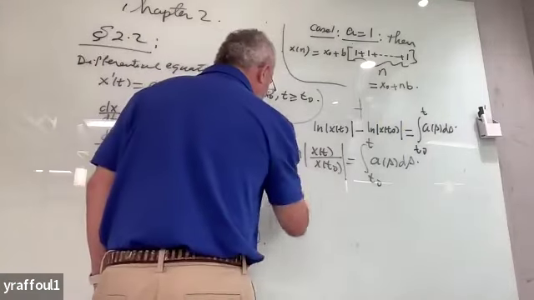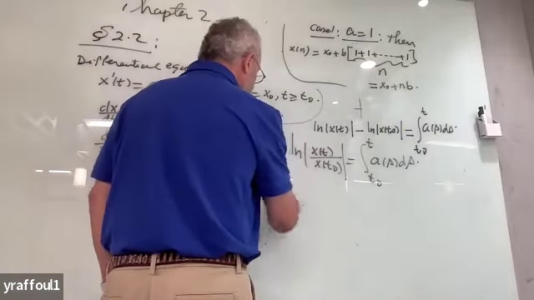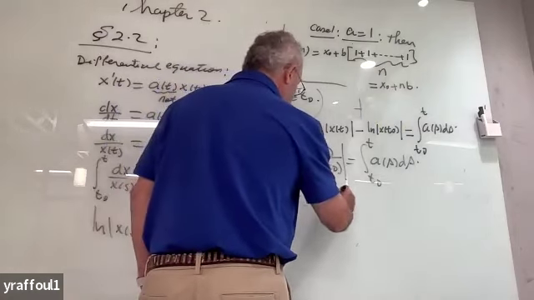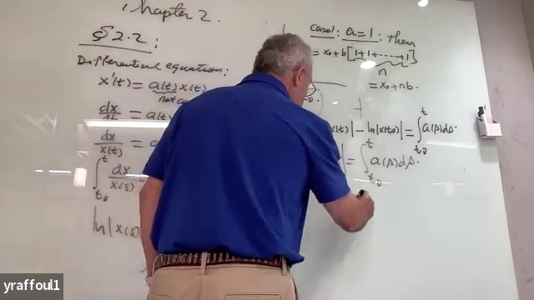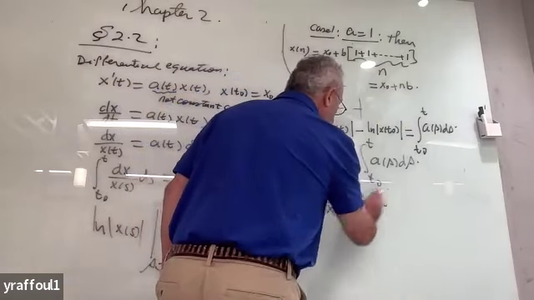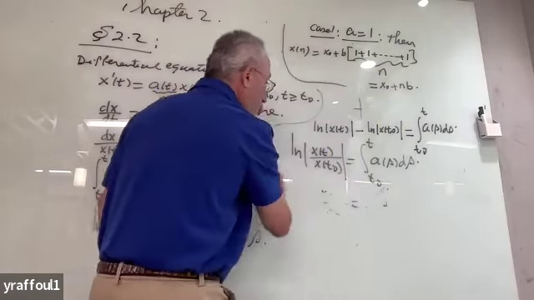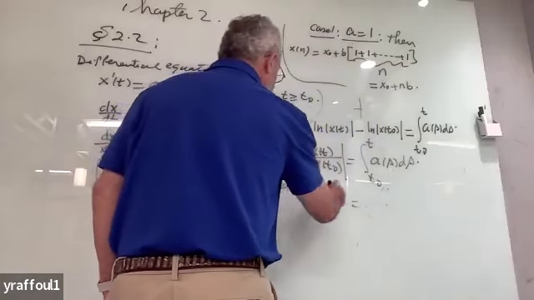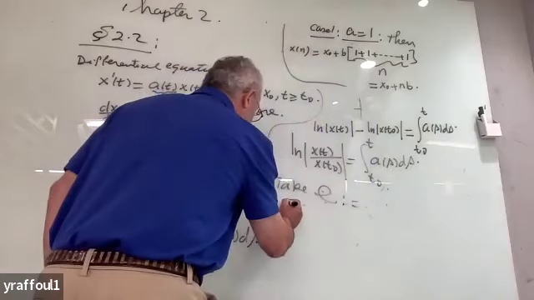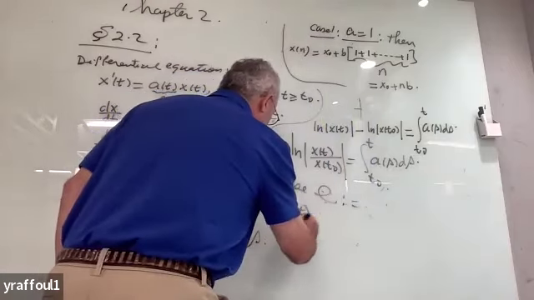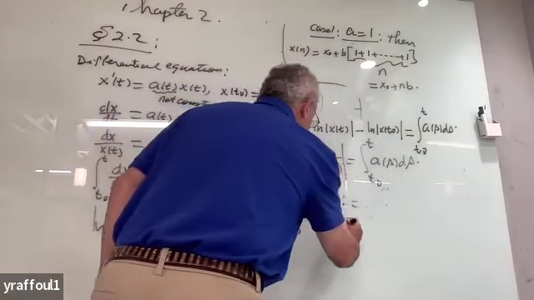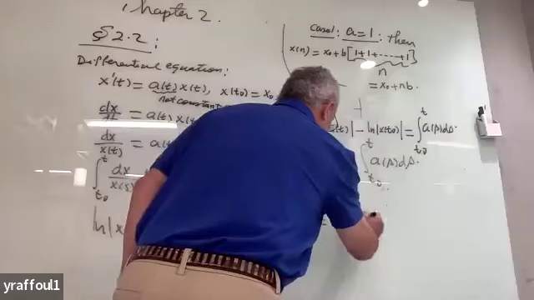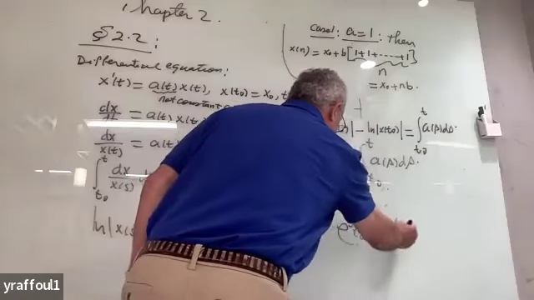Take the exponential on both sides, take e. Then you will get x(t) over x0 equal to e to the integral from t0 to t of a(s) ds.